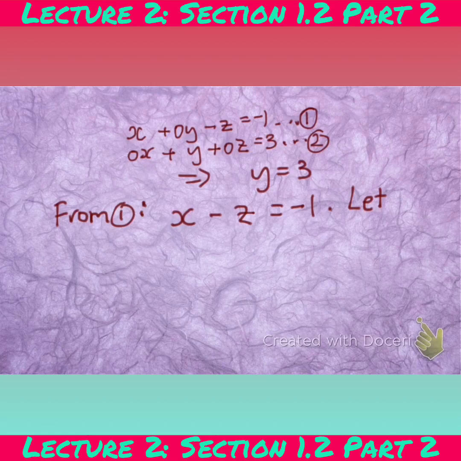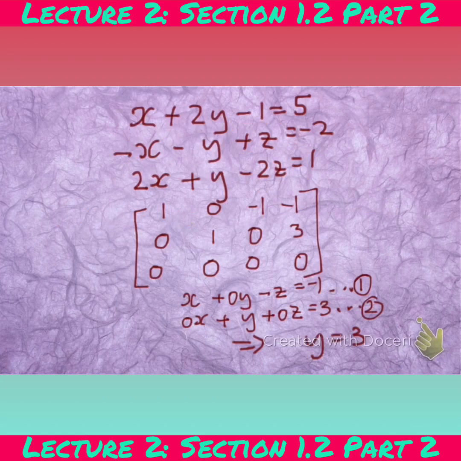Alright, so let's go back to the previous page. Remember what we said, the leading ones correspond to my leading variables. So which are the leading ones here? That's a leading one, and that's a leading one. So the leading ones correspond to the variables x and y respectively, meaning that the remaining variables are free variables.